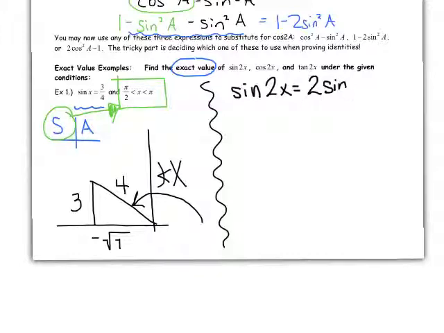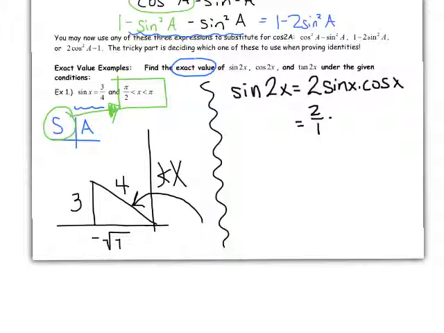So the double angle says that that is equal to 2 sine x times cosine x. So 2 is just a number 2. Sine is the ratio opposite over hypotenuse. And cosine of x is going to be adjacent over hypotenuse. So knowing that these two things are going to be a fraction, I'll go ahead and make 2 a fraction by putting it 2 over 1.